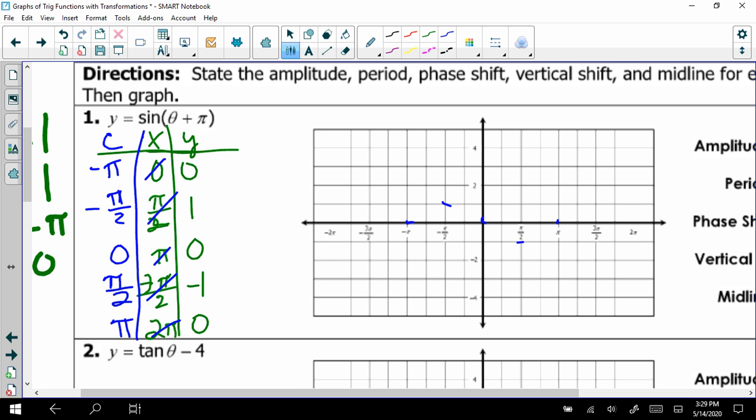What was pi over 2, 1 became negative pi over 2, 1. What was pi, 0 became 0, 0, and so on. So this is one period, one cycle. And then it's just going to continue.